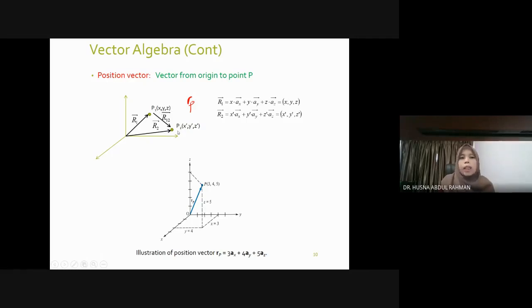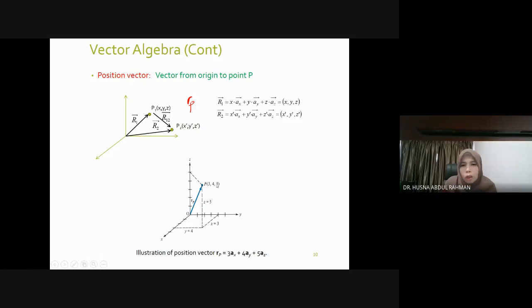Okay? Let's say we have P2 at x prime, y prime, z prime. So to define the position vector is just x prime ax plus y prime ay plus z prime az. It's simple, right? So let's say point P is at 3, 4, 5. The first one must always refer to x, this one y, this one z.